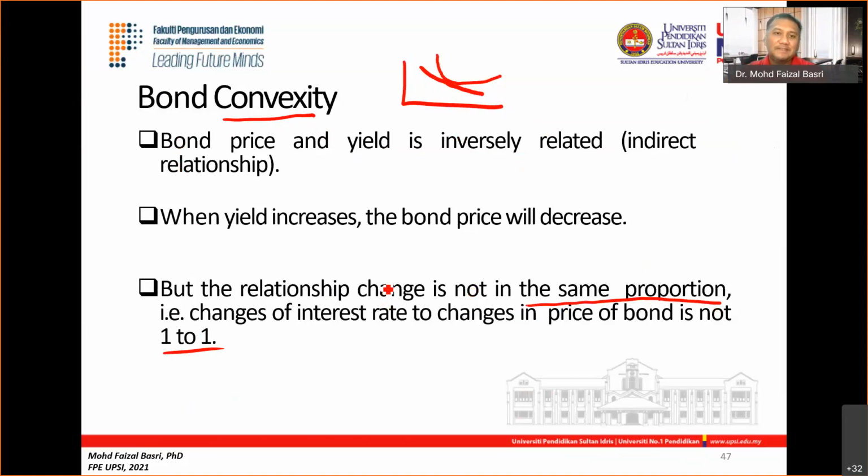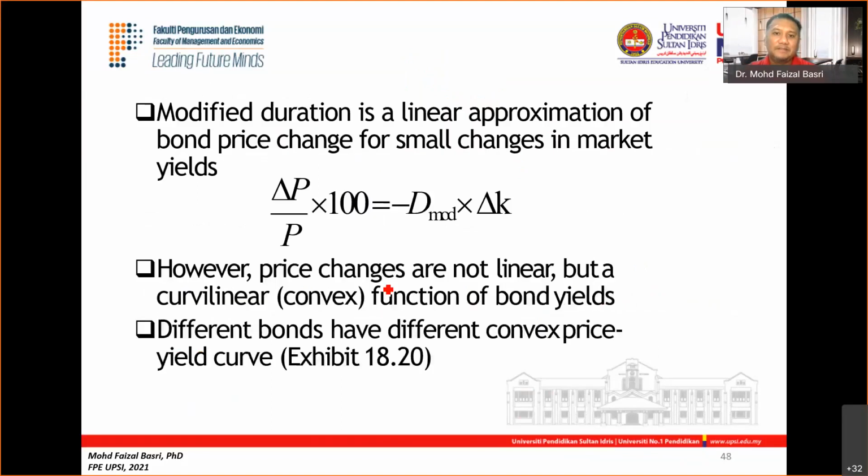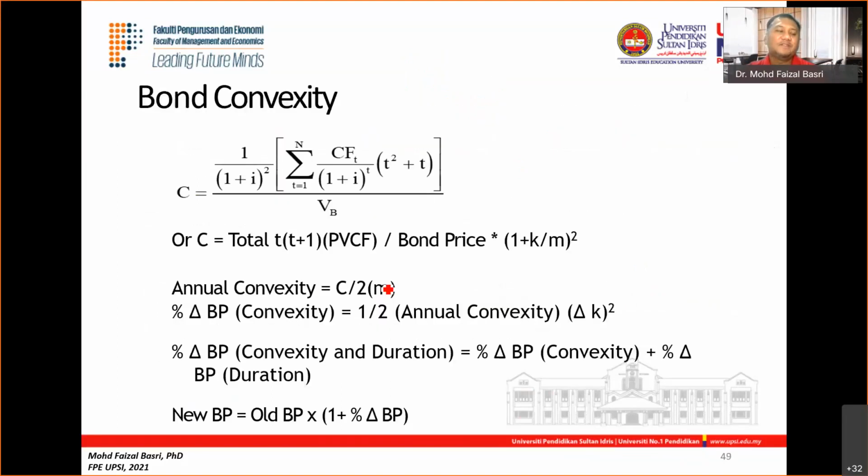And this convexity, just ignore this part, is based on, like I said, the extension of what we have before. If you want to use the formula, it will look something like this, which is quite complicated, to be honest with you. How to read this?